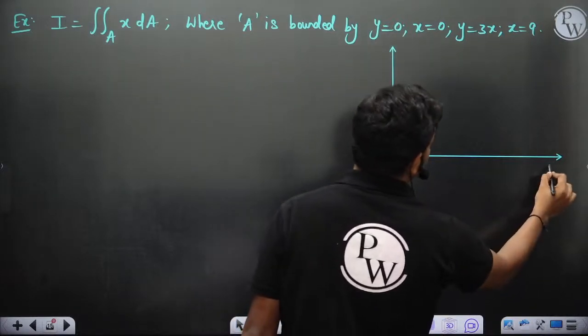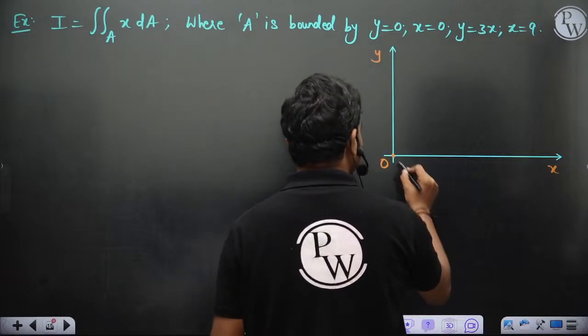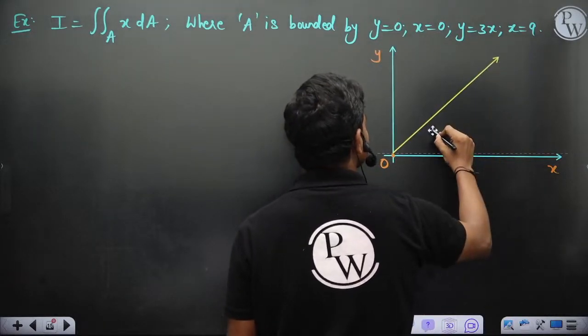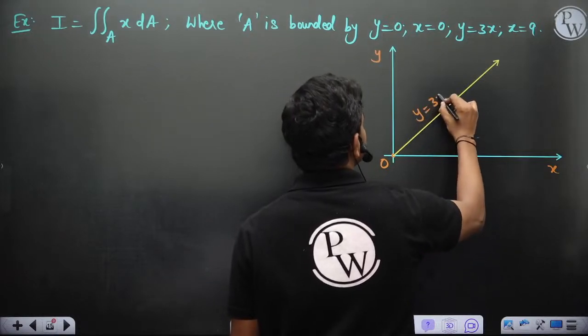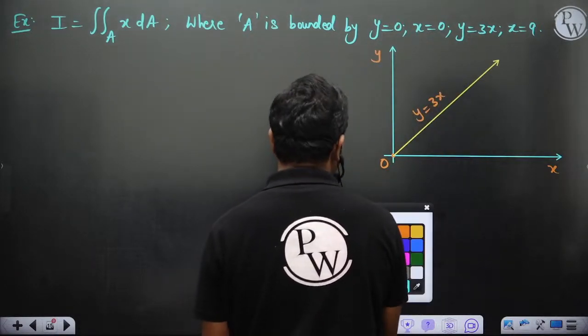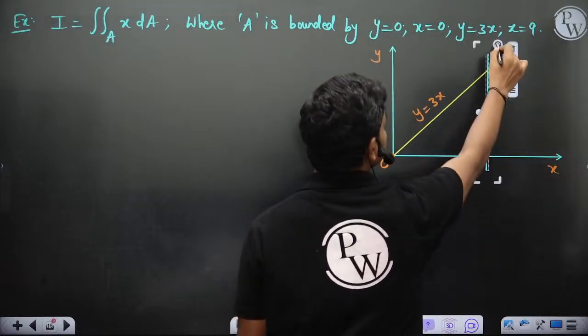Origin, x, y, of course, and y equal to 3x is the line which is something like this, and x equal to 9 is something like this.